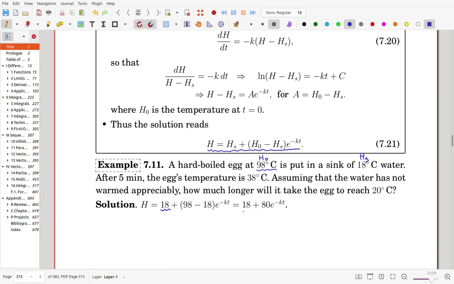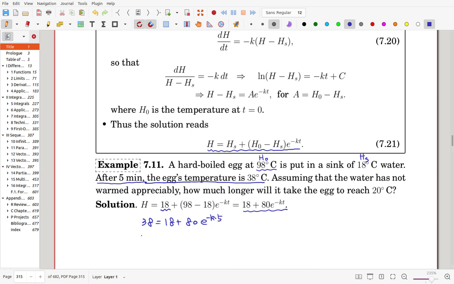Now we use the information. The second line says that after 5 minutes, the egg's temperature becomes 38. That means 38 equals 18 plus 80 e to the minus k when t is 5.